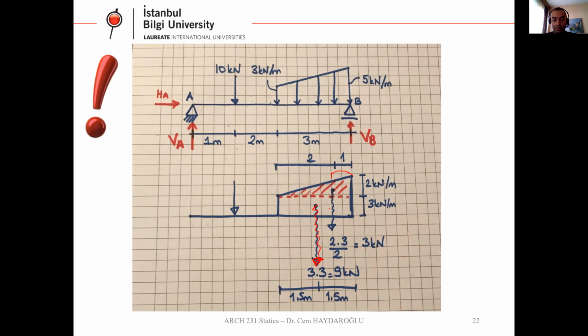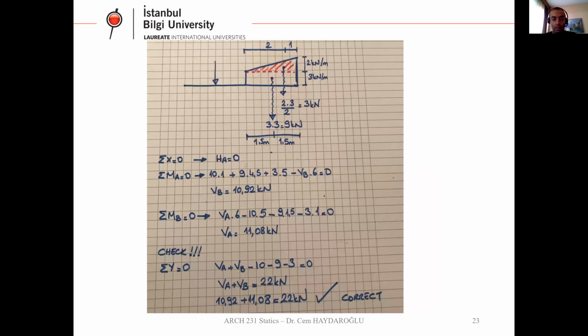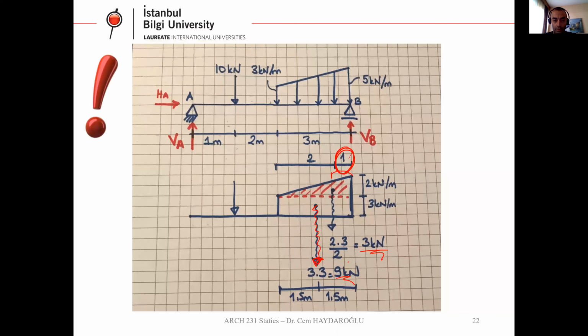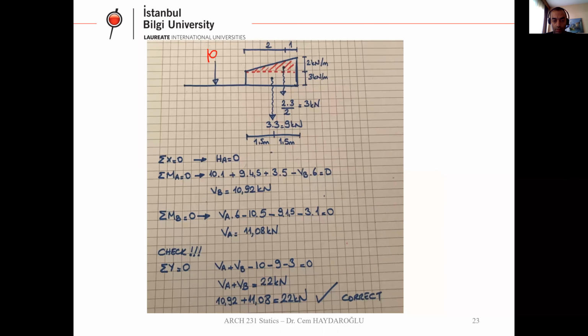Total length is 3 meters. So here is 1 meter from the highest point. We have the magnitudes and also locations. By the way, I'm gonna write, this is 10.